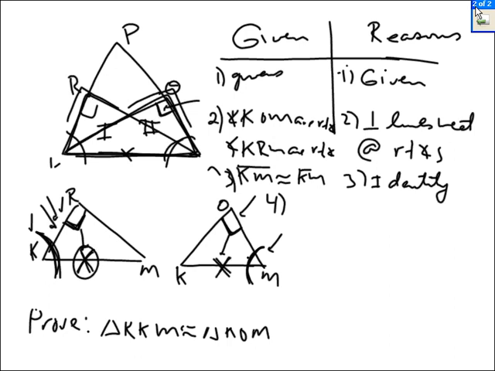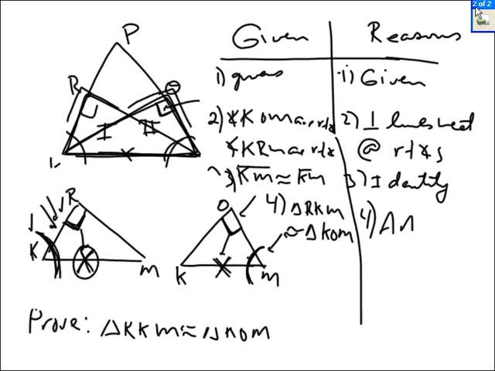So now I can say that triangle RKM is congruent to triangle KOM, and the reason is AAS is congruent to AAS. Okay, and that completes the proof.